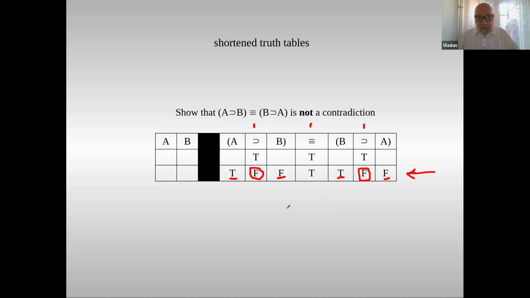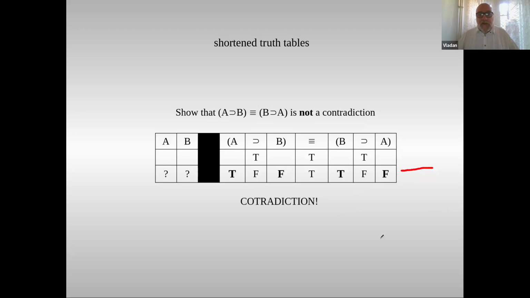If I put those F's, then I have to do this and this. And the consequences of this F is this and this. And this leads to a contradiction. Which one is it? The atomic formula A is true, and the atomic formula A is false. So this is not a truth value assignment.